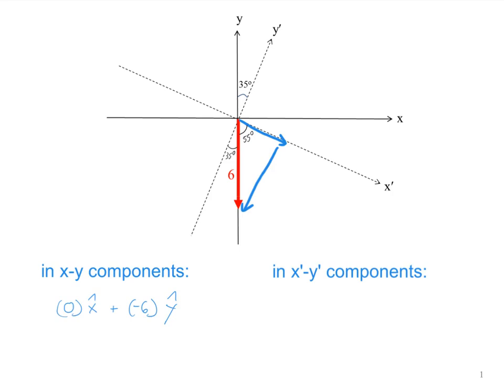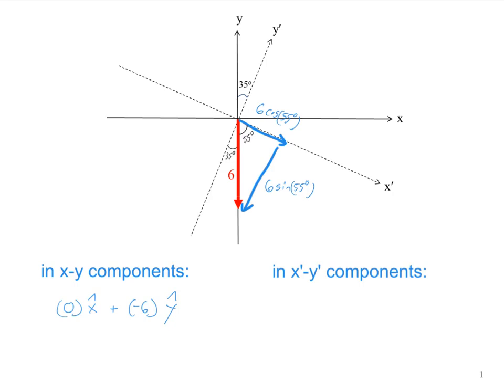From trigonometry, the length of one leg of the triangle is 6 cosine 55 degrees, and the length of this other leg of the triangle is 6 sine 55 degrees.